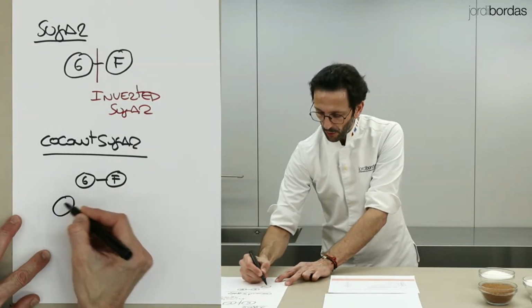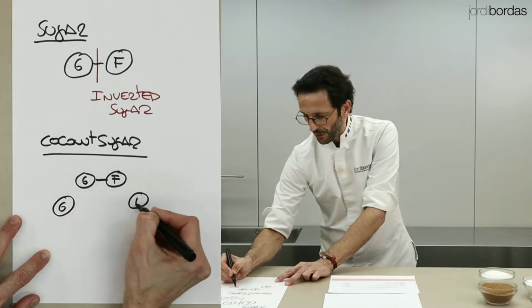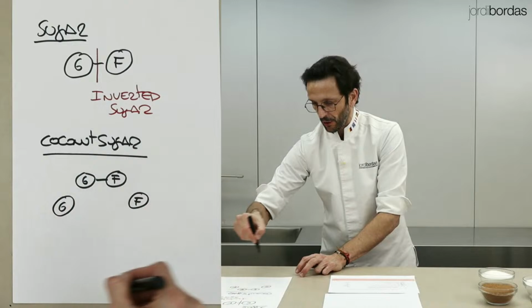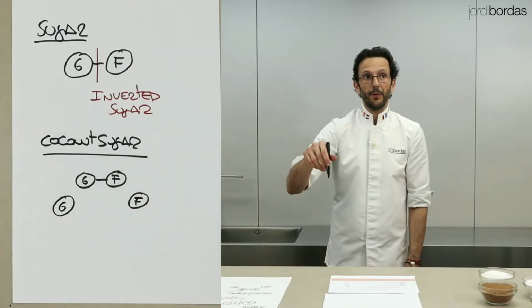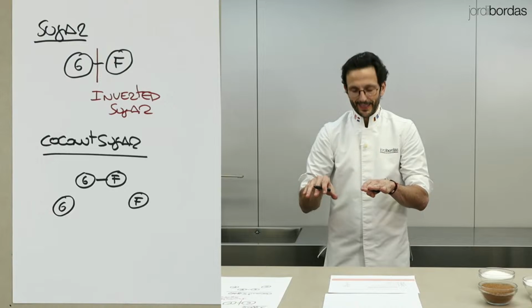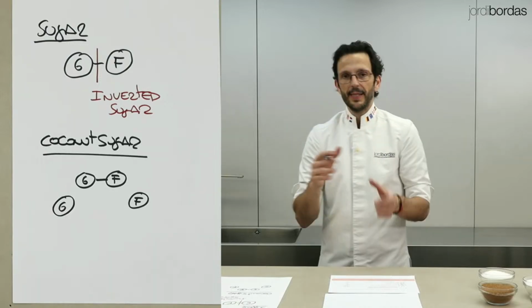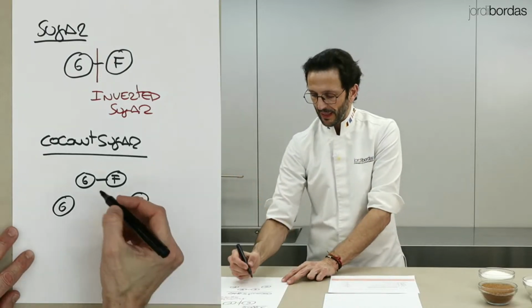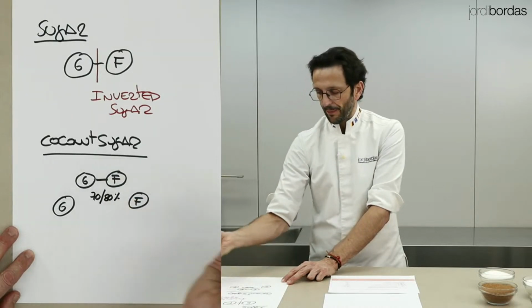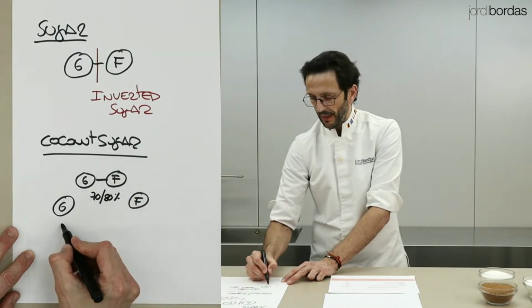Then we have molecules of glucose and molecules of fructose that are separated. That means that inside the composition of coconut sugar, it depends on the producer, we can have this kind of structure, and these can be different percentages, no? Sometimes this can be like 70, 80% of the product, and the rest can be more or less.